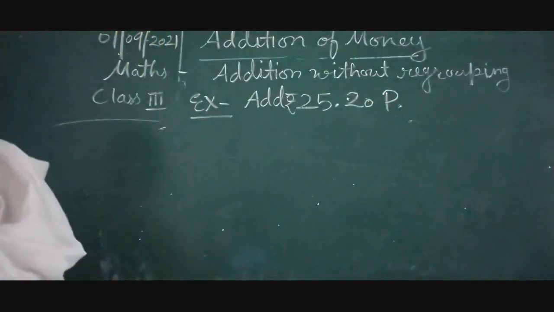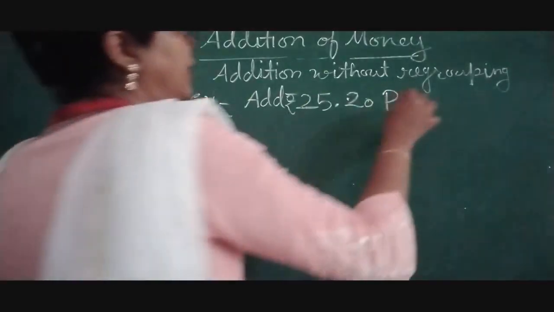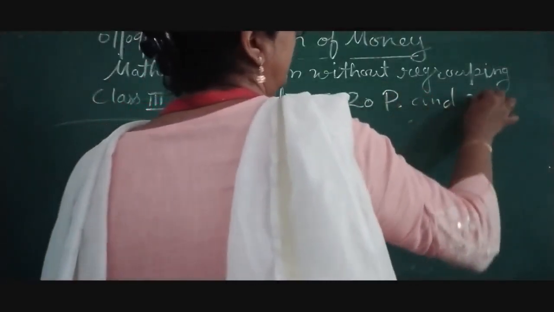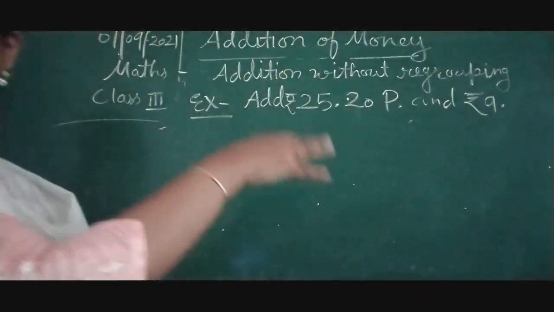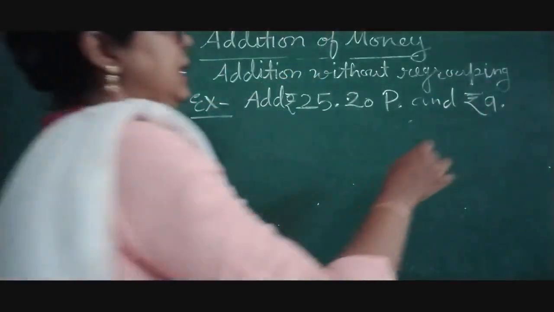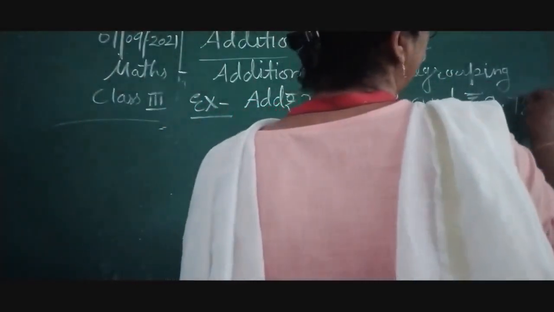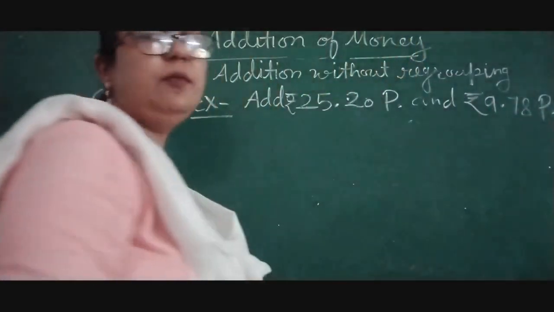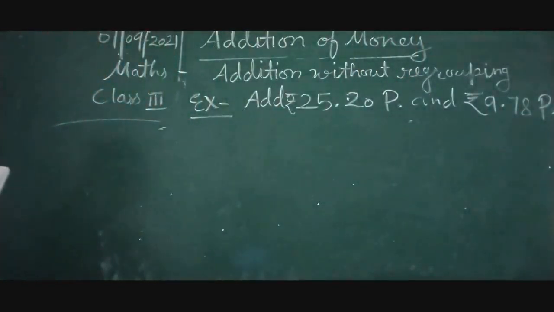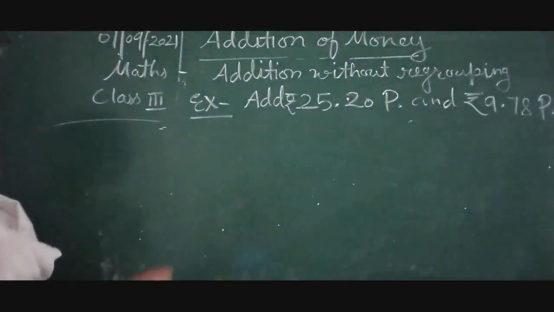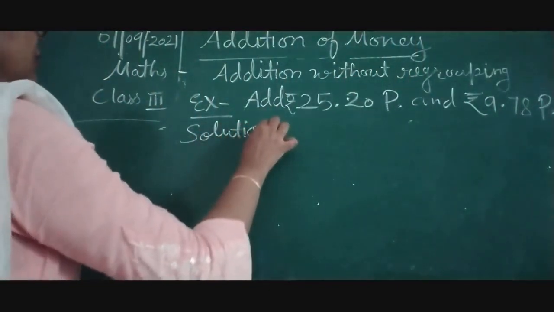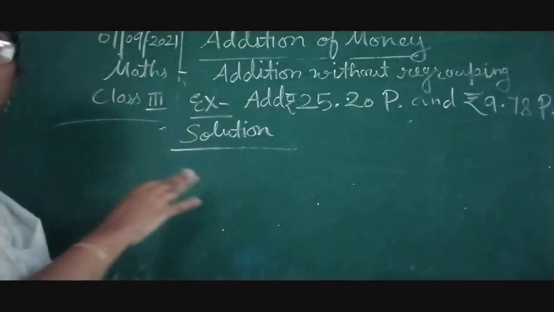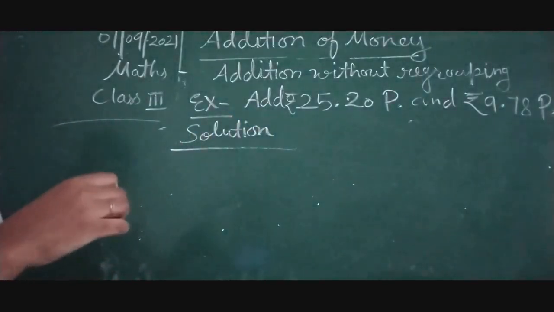Okay, and rupees 9 point, that is rupees 9 and 78 paise. So how can we add this? Let's learn, children. Solution, we will write first. This is only an example, children. We are not doing the exercise.